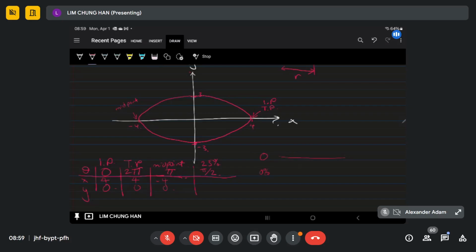As you go throughout the journey, when you finish the journey, you reach 2 pi. That's 100%. That means your journey is finished. When you're 50% through your journey, it's pi. So let's choose something somewhere there. 25%, it's pi over 2. So when it's pi over 2, what is x and y?